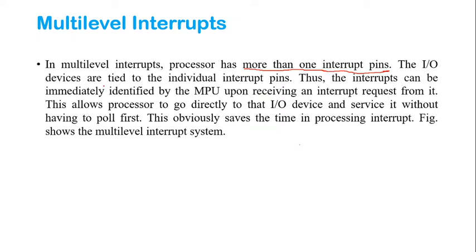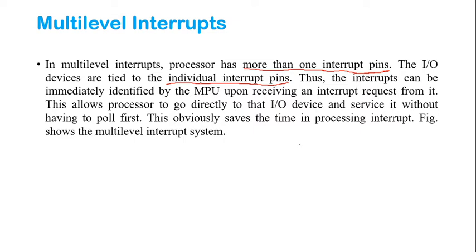The input output devices are tied to individual interrupt pins. In the figure we can see that there are different input output devices, and all of them are connected to different pins, not the same as in single level interrupts. In single level we are ORing all the pins and giving them to a single pin, but in multi-level we are not ORing the pins; we are giving an individual pin to each input output device.